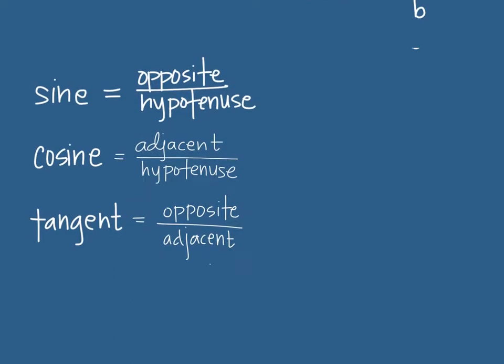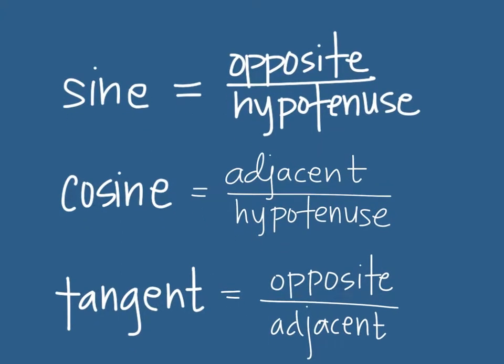Okay, these words, these fraction relationships, lead to kind of a silly little memory trick that we use in trig using the first initials of everything. So if you look at S and you compare it with O and H, and you take the first three initials, that spells so.